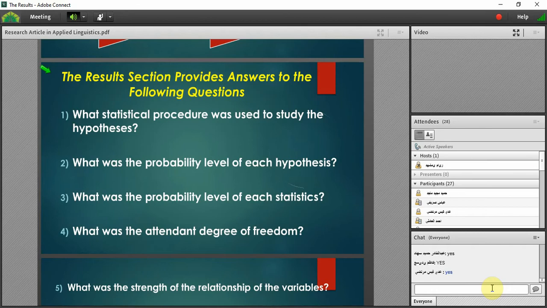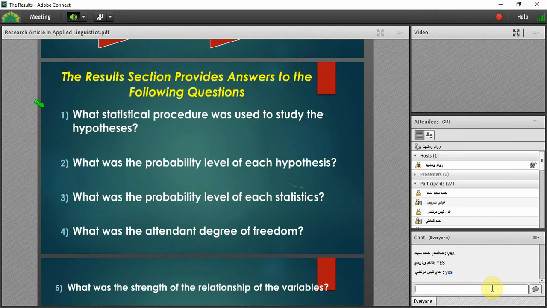So, the results section should provide answers to the following questions. First, you should tell the readers what statistical procedure was used to study the hypothesis in your article. I will show you a lot of examples, don't worry.